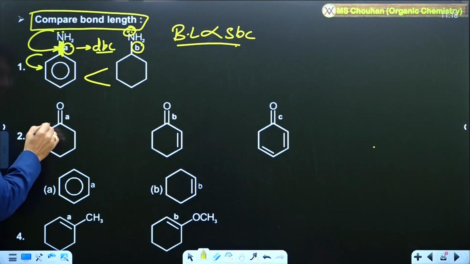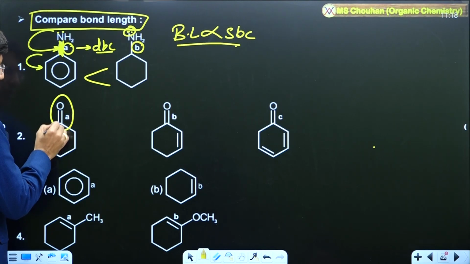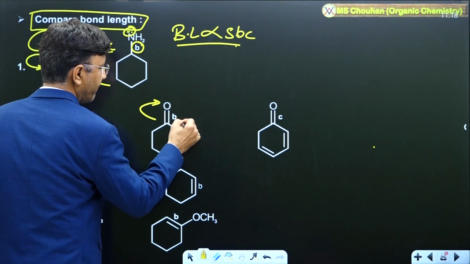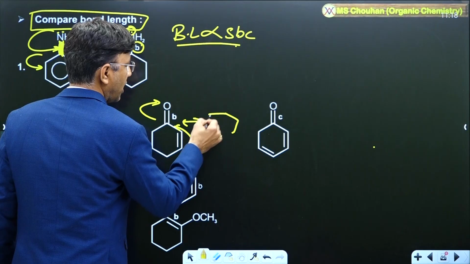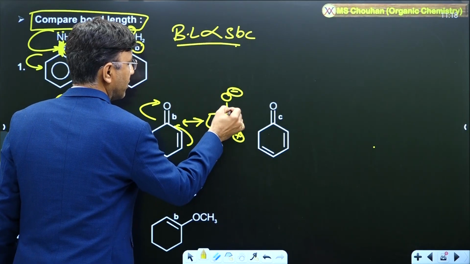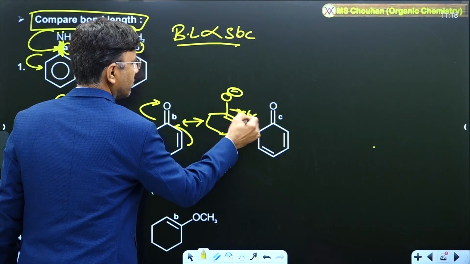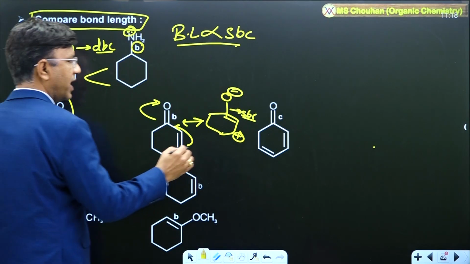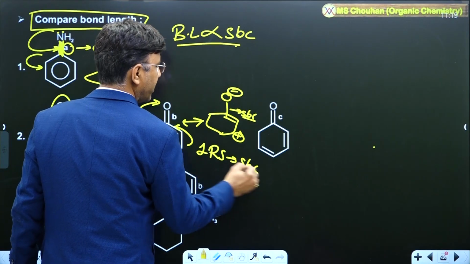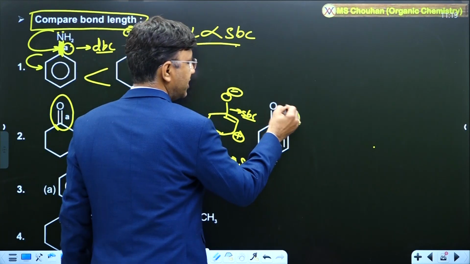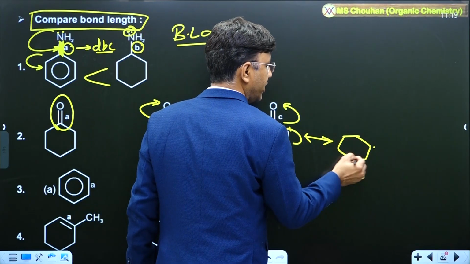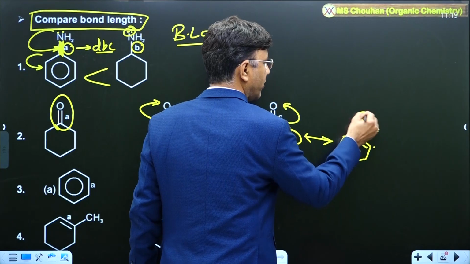Now in the second example, this has no conjugation at all. In this example, there is conjugation. Now after conjugation, there is single bond character. Got it? How many RS have single bond character? One RS has single bond character. While in C, first you have to draw the resonating structures and check single bond and double bond character.